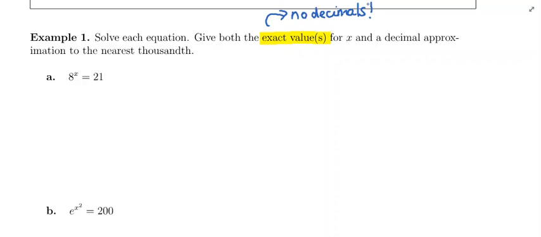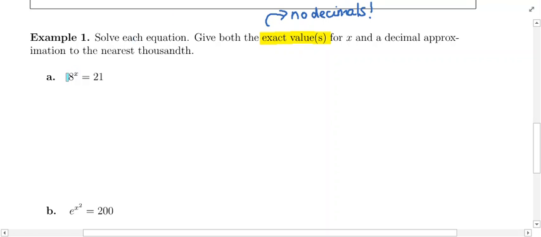So we're just going to follow the steps that I've outlined for you. The first thing you want to do is locate the exponential piece. The exponential piece is the piece that contains the variable in the exponent. So the exponential term here is 8 raised to the x power. It's isolated. It's all by itself on one side of the equation, and the other side is just a number.